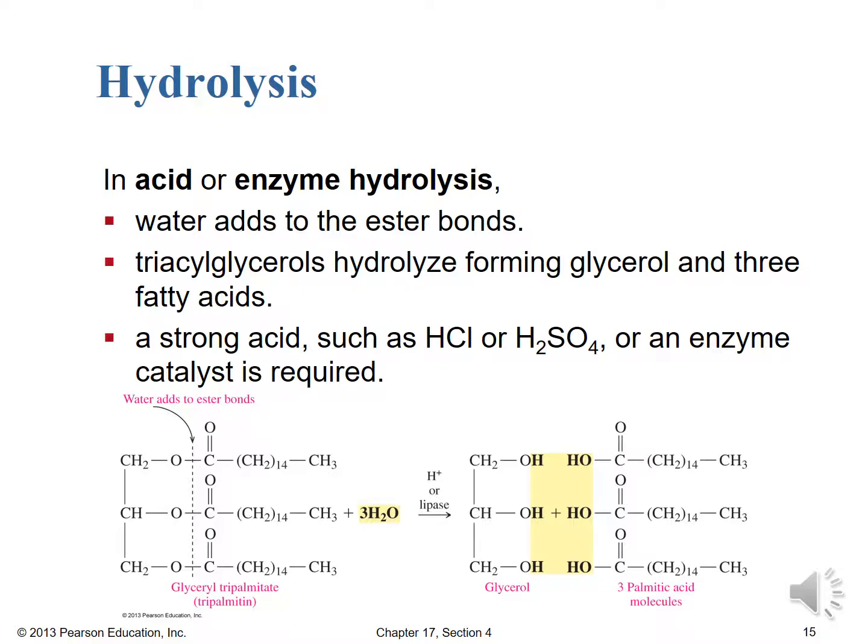So this is the reverse of the process we saw before, the esterification to make the triacylglycerol. Now we're taking that triacylglycerol and water and reforming glycerol and the 3 fatty acids.